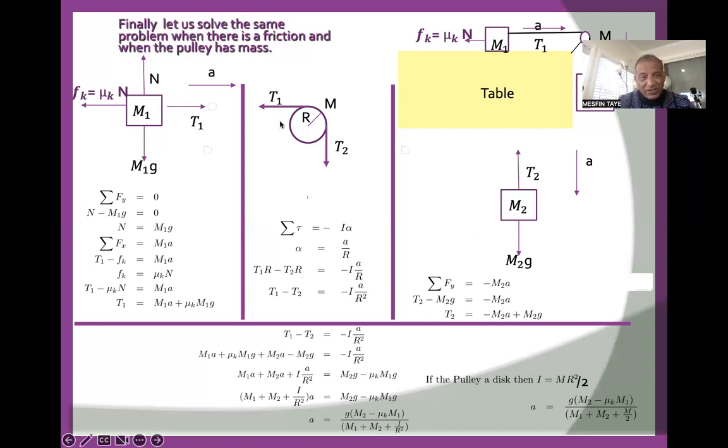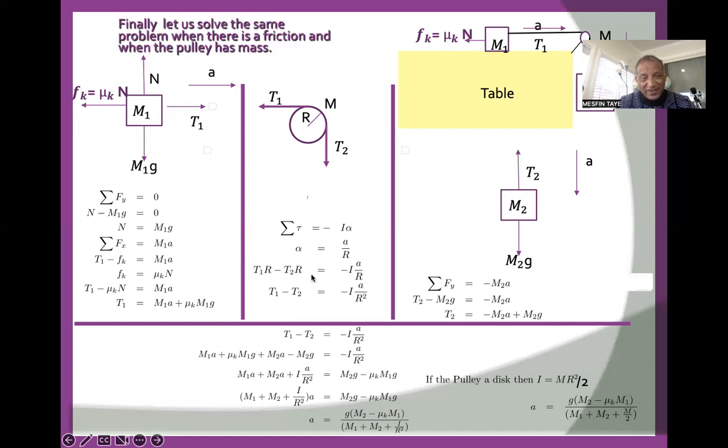T2 alone, without T1, causes clockwise direction. The torque is force times R times sine of 90, and sine of 90 is just 1. So T2 times R is the torque. But why negative? Because this force causes clockwise motion. And then divide the whole thing by r.